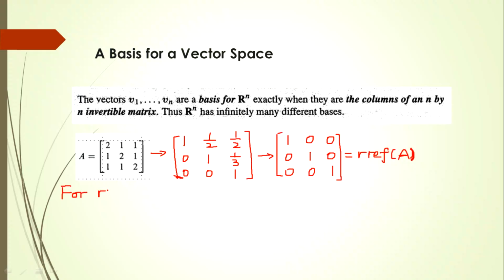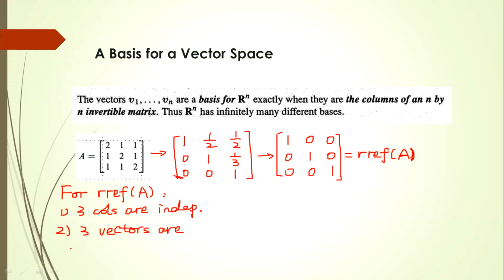For the RRE form, it's very clear that the 3 columns are independent, and those 3 column vectors are the standard basis for R3.